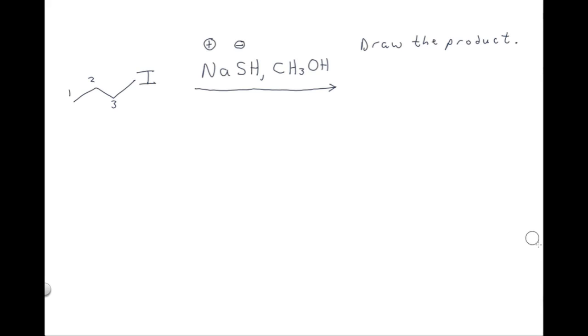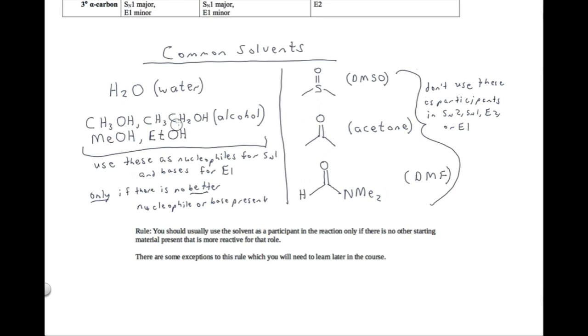No, because there's somebody better, the negative sulfur. So we're going to use the negative sulfur as the nucleophile because that's a better nucleophile than the alcohol. Alcohol can be used as a nucleophile, but only when there's no better nucleophile present.